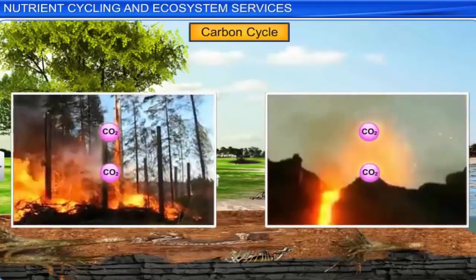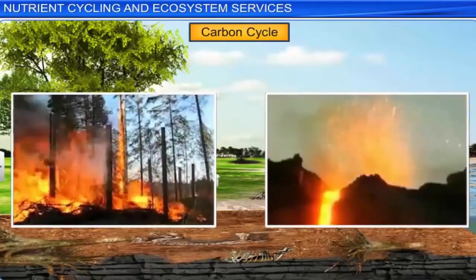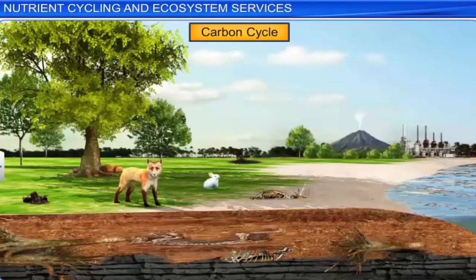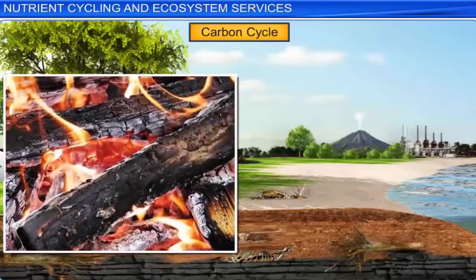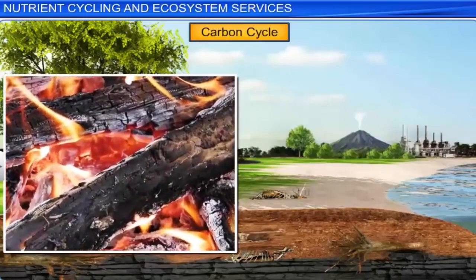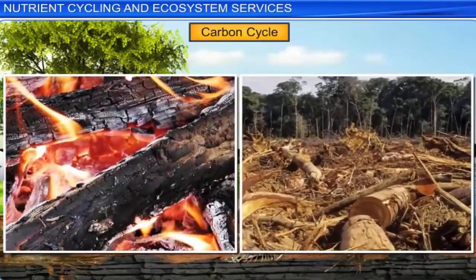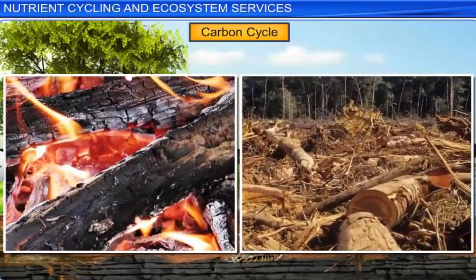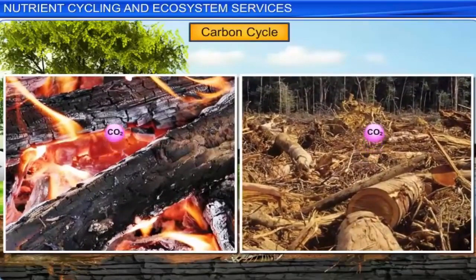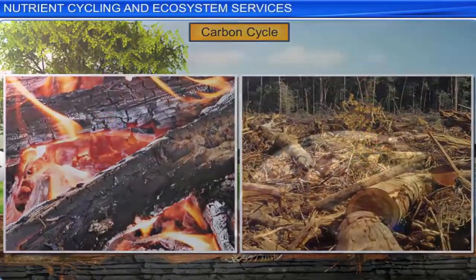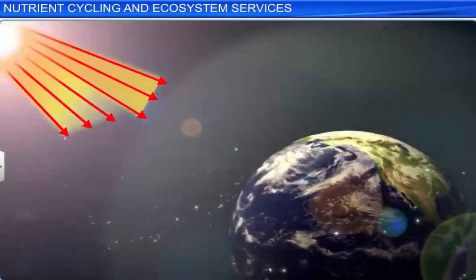Apart from these sources, human activities like burning of wood and fossil fuels and rapid deforestation have also led to a marked increase in the amount of carbon in the atmosphere, thereby affecting the carbon cycle and leading to the greenhouse effect.